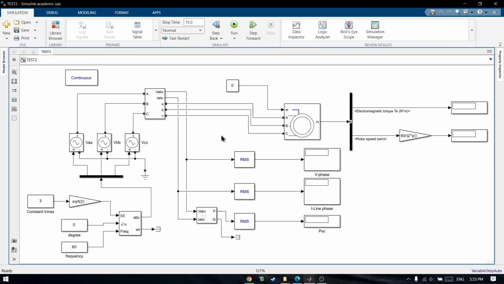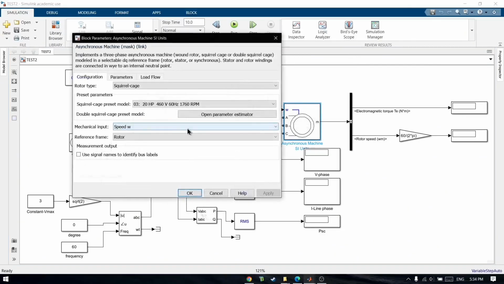For the block rotor test, the key components include a 3-phase voltage source, VAA, VBB, and VCC, supplying balanced voltage to the stator terminals. Second, a synchronous machine block configured as a squirrel cage induction motor.